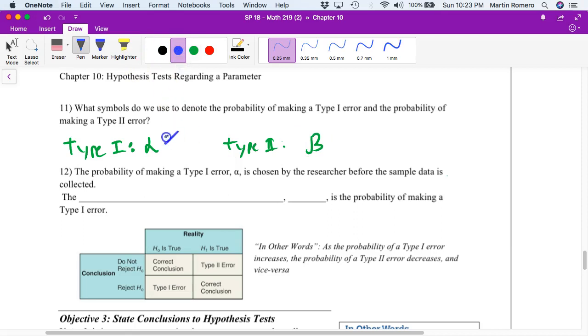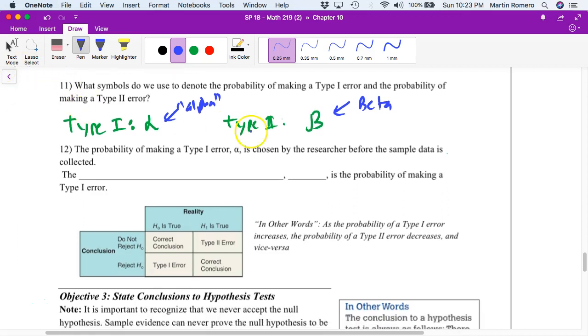And those values give us the probability of a type 1 or type 2 error.